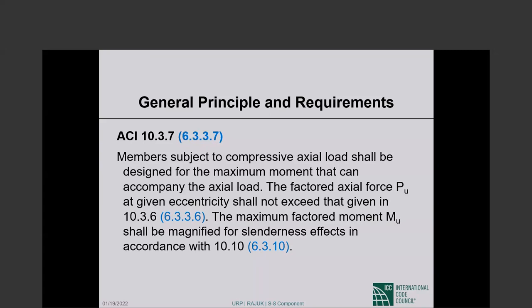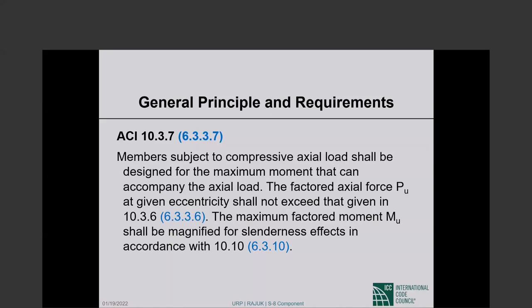The maximum factored moment M sub u shall be magnified for slenderness effects. So the slenderness part will come later. This particular provision does not tell you a whole lot that we don't know. Basically, P sub u, M sub u shall be within P sub n, M sub n.